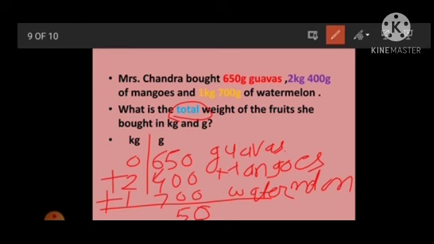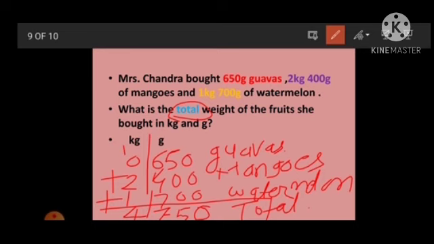7, carry 1. 1 plus 0, 1. 1 plus 2, 3. 3 plus 1, 4. So 4 kilogram 750 gram is the total weight of the fruits she bought.